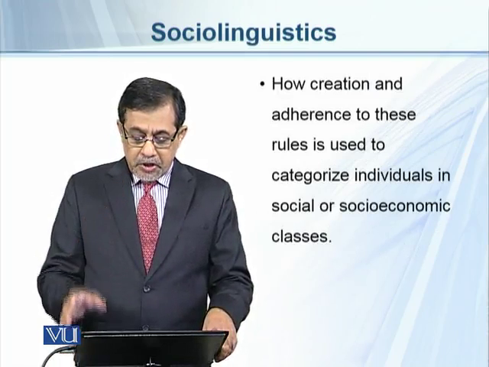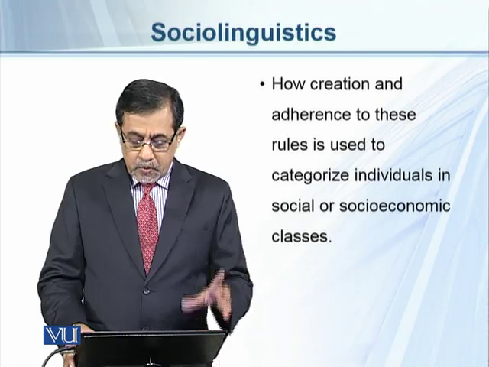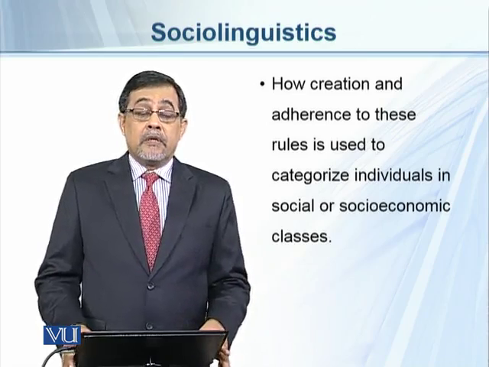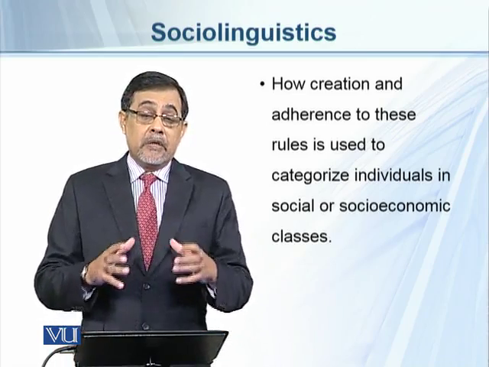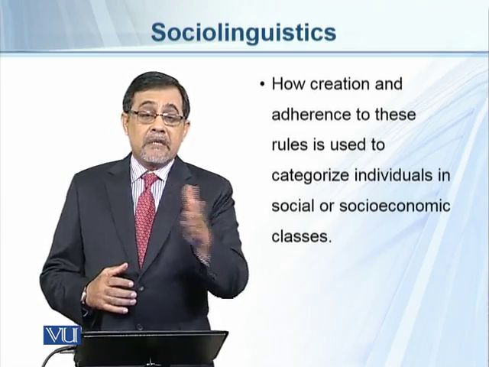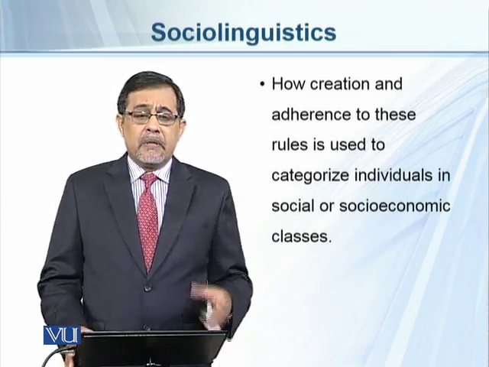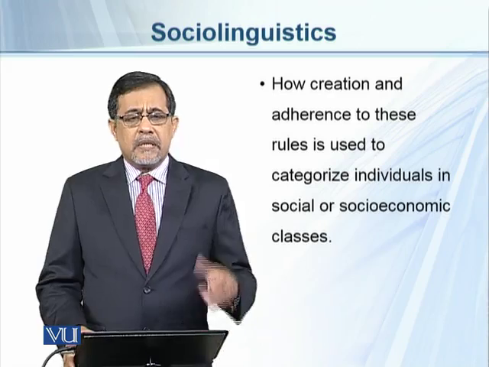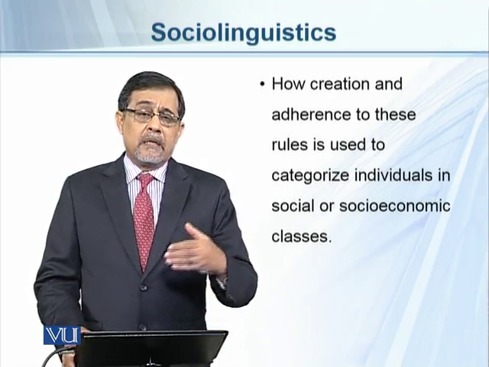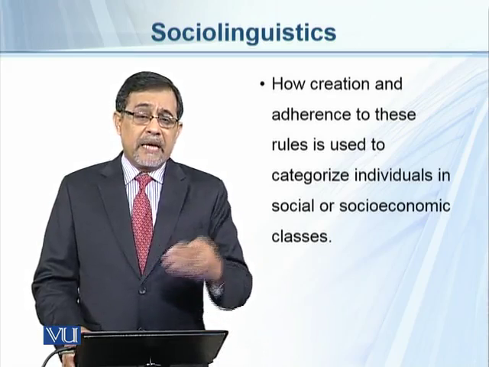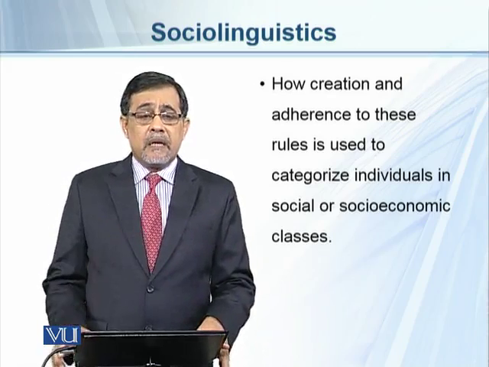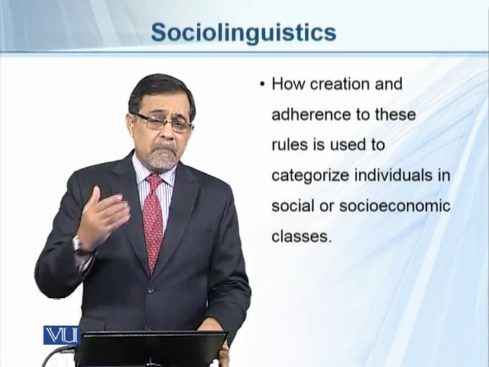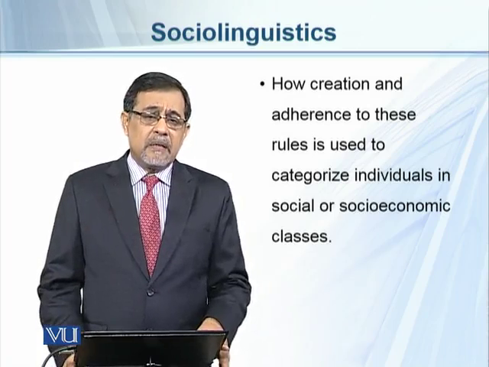How creation and adherence to these rules is used to categorize individuals in social and socio-economic classes. So, with the help of the rules that we derived, we determine classes of the people. For example, middle class are the people who have spent more years in education, and they haven't had manual labor, whereas the lower strata of the society, they have manual labor and spend no or fewer years in school.